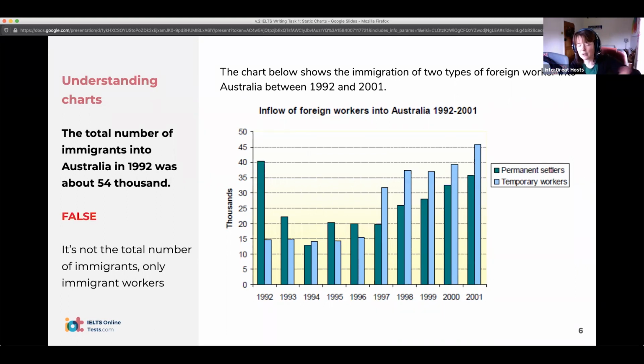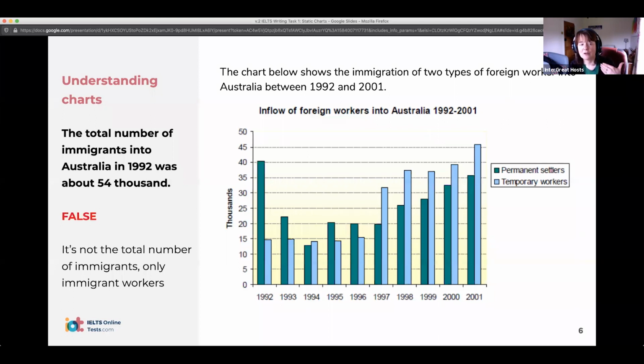The year 1992 and the number is right. We're talking about 40 plus 15, so about 54, a bit 55. But yes, Ali, it's only about workers. It's not about the total number of immigrants. If you put that, it wouldn't be correct.